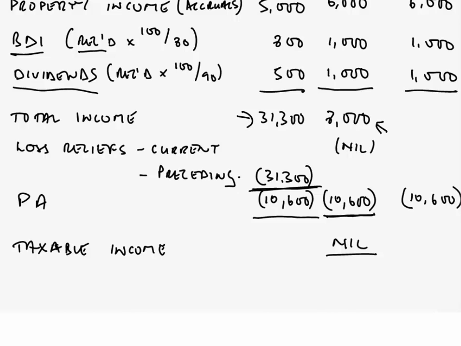So the only claim that can be made is that one, the full £31,300, which means that again, that personal allowance is wasted. But at least this time, we are eliminating all of last year's income figure, and we are therefore ensuring that we save what tax would have been paid in the previous year, because we've brought down our taxable income to nil.